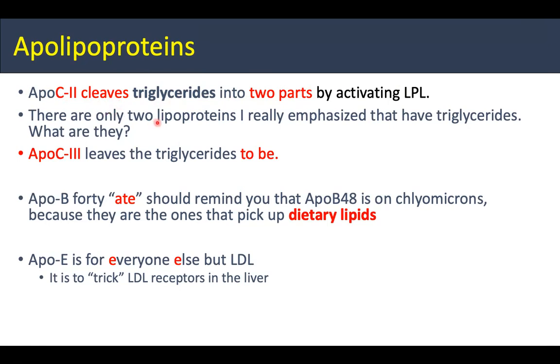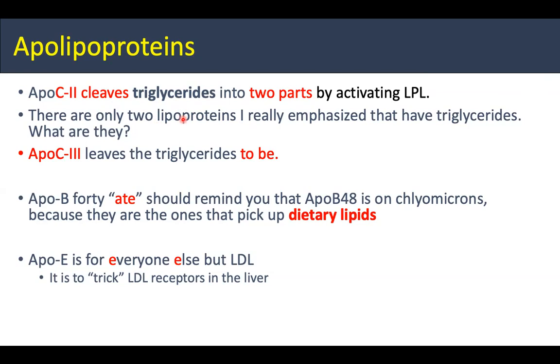Okay, and then I told you that there are only 2 lipoproteins that carry triglycerides. Yes, there are small amounts in other lipoproteins, but there are 2 lipoproteins that I wanted you to remember that have a high amount of triglycerides. What were they? Yes, okay, good.